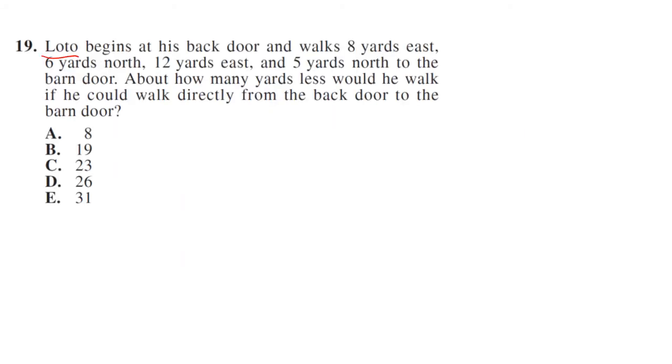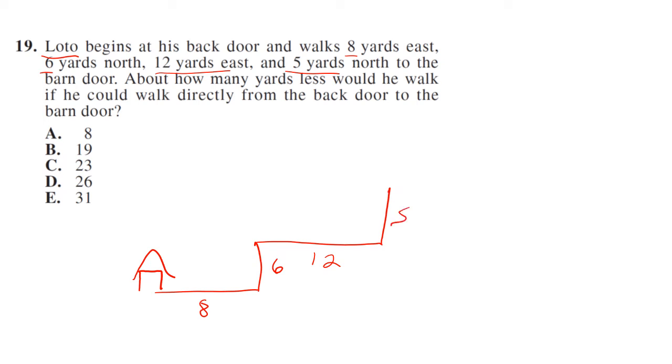Lotto, good name, begins at his back door, so we're going to make him a little house. Lotto begins at his back door, walks 8 yards east and 6 yards north, then 12 yards east and 5 yards north to get to his barn door.